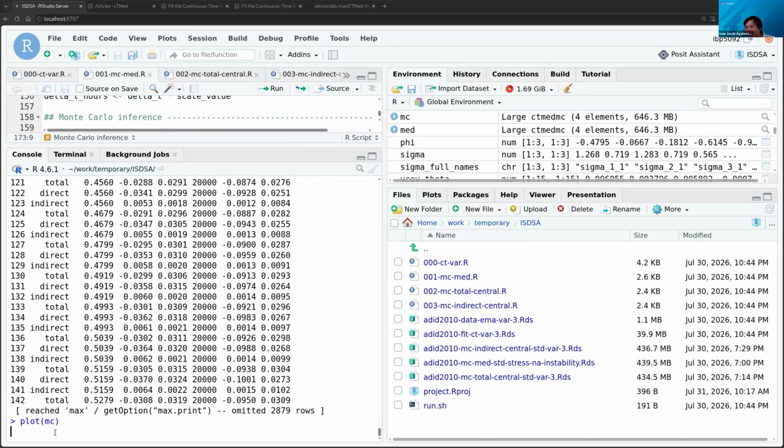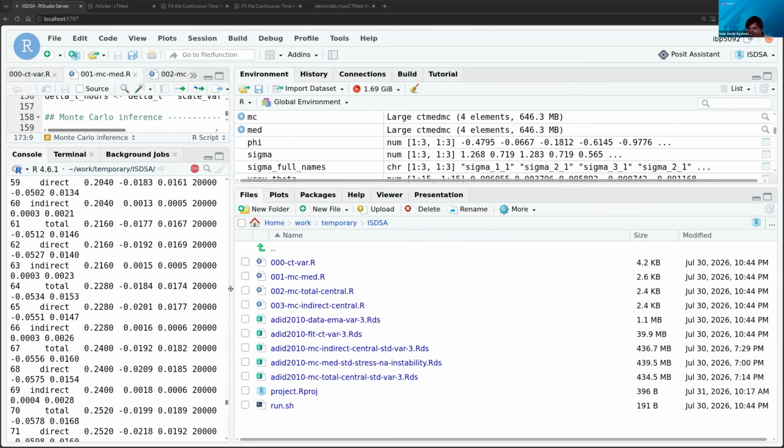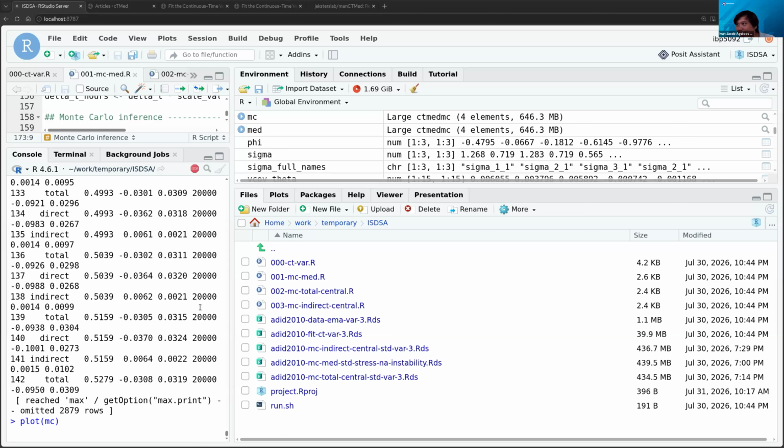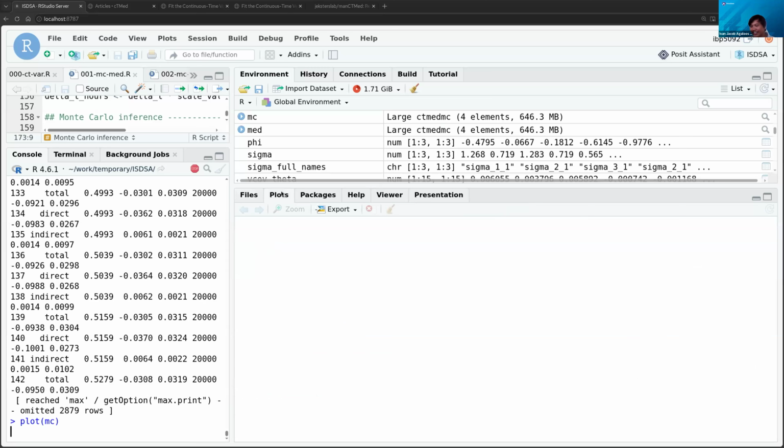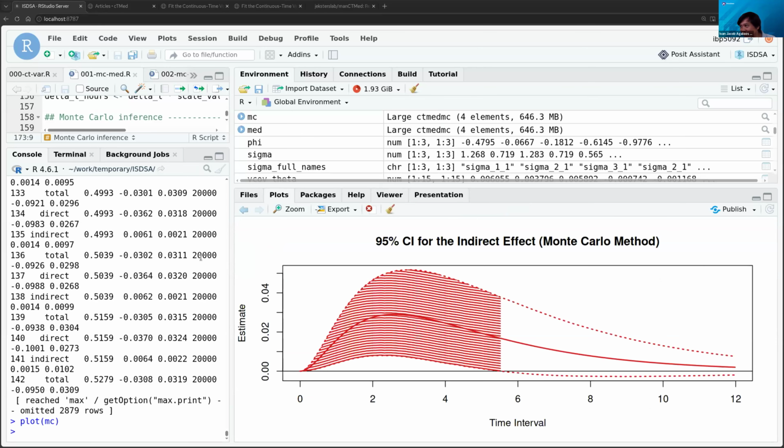Plot. Again, apologies, my computer is heating up a little bit. You can do this. Come on. There you go.